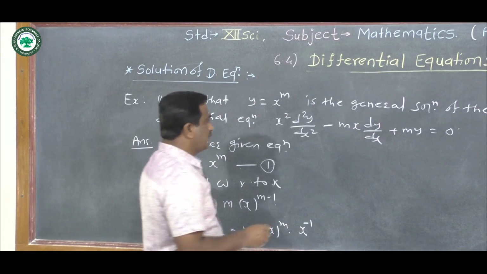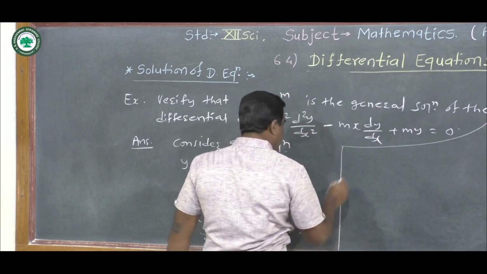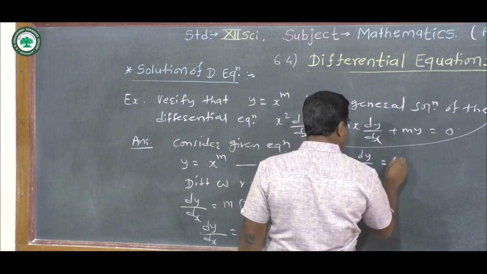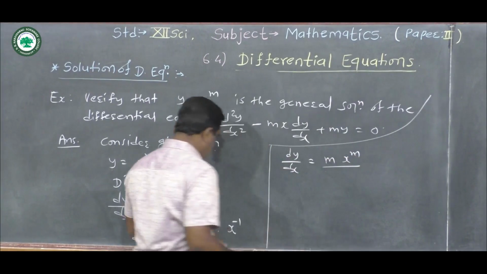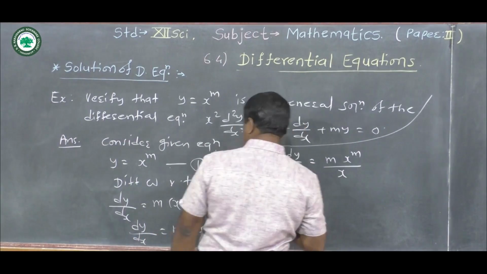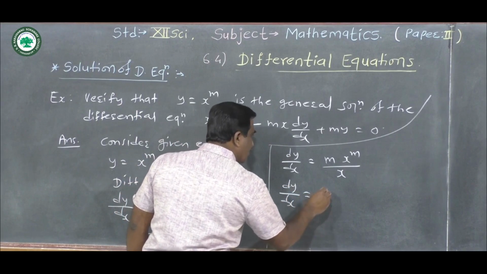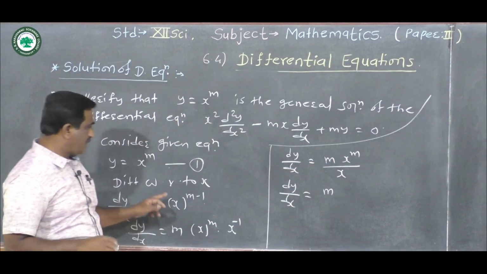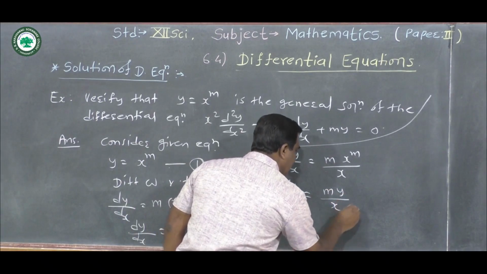That is, we can write here dy by dx is equal to m into x raised to m upon x raised to 1, since x raised to minus 1 means 1 upon x. That is dy by dx is equal to m into the value of x raised to m from equation 1, which is y, so m into y upon x.